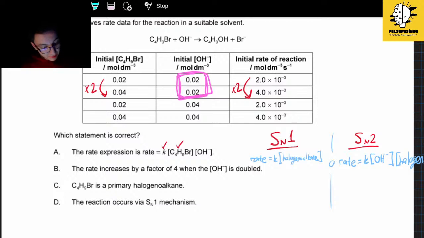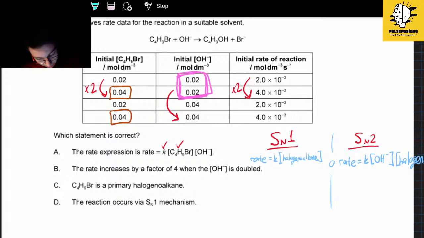But let's have a look at OH. In this section, I have to keep the concentration of the halogenoalkane constant, 0.04. And let's see what happens when the OH concentration is doubled from 0.02 to 0.04.